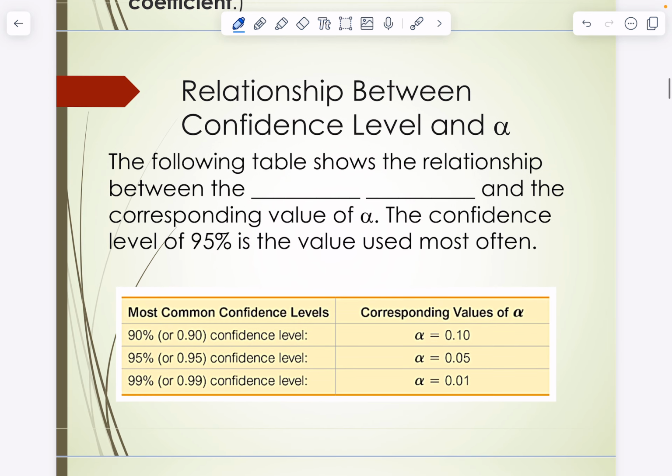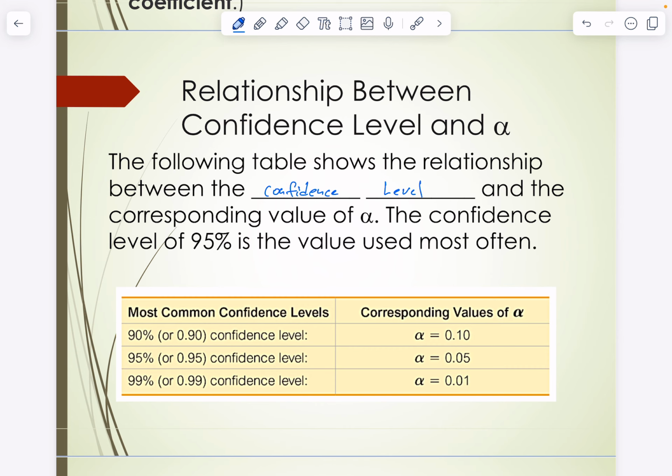Here are some common confidence levels. The following table shows the relationship between the confidence level and the corresponding value of alpha.